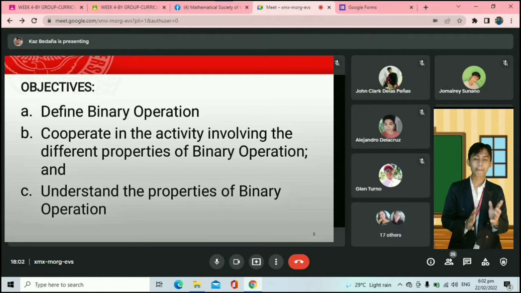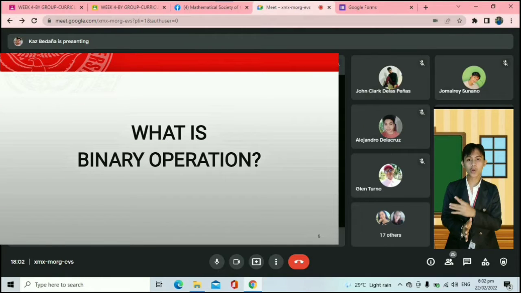Now, based on the picture that I've shown earlier, what is a binary operation? Yes, very good. Actually, the four fundamentals are types of binary operation.